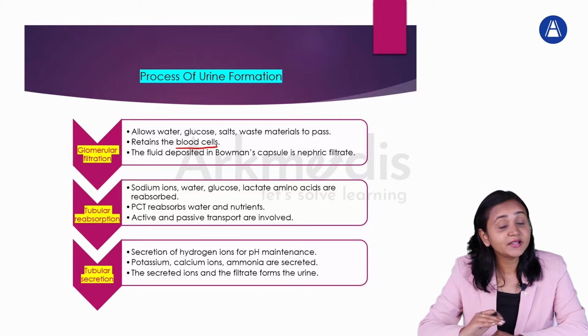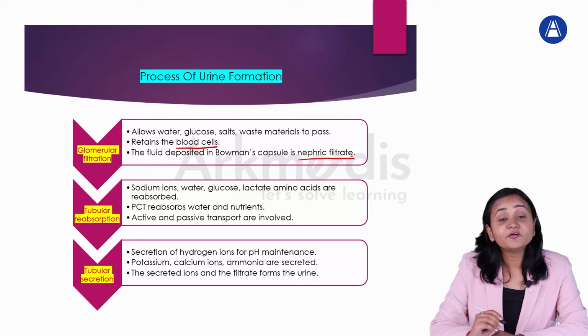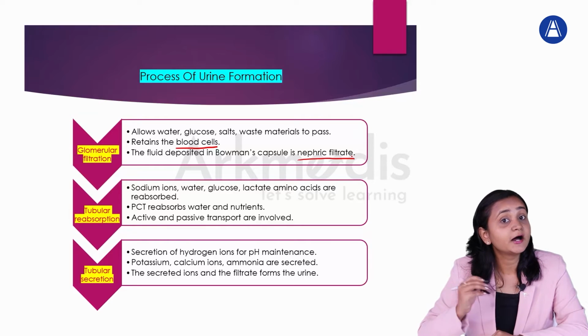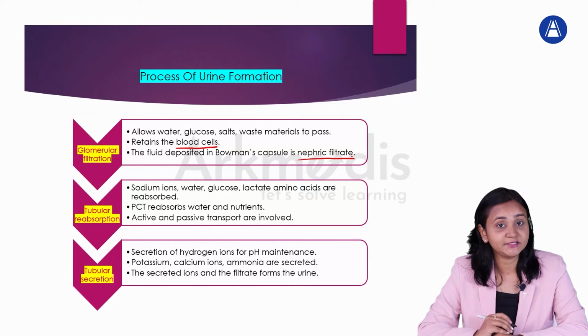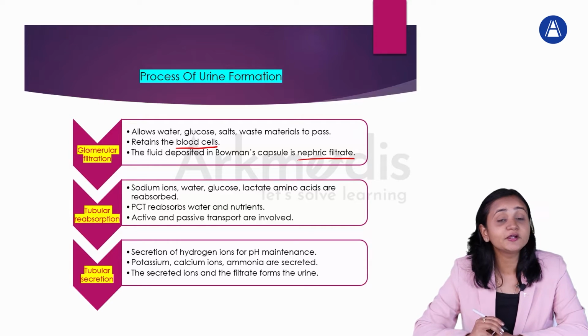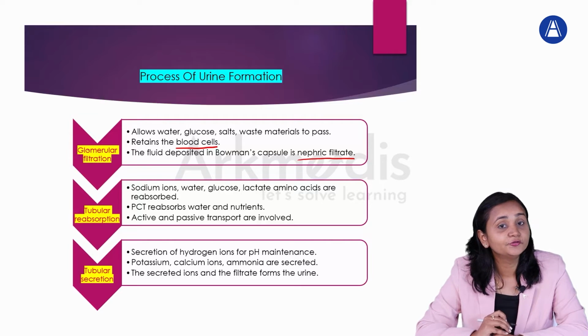Now, the filtrate that is collected is called the nephric filtrate. And what does this filtrate have? It has all the water, glucose, salts along with the waste material. And this process, as the name suggests, glomerular filtration, takes place inside the glomerulus.